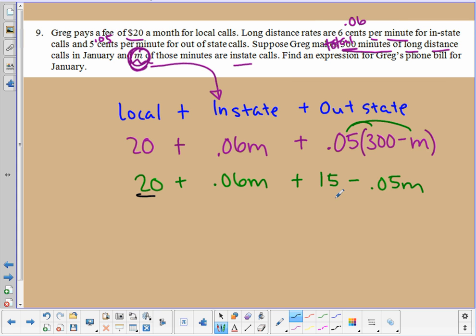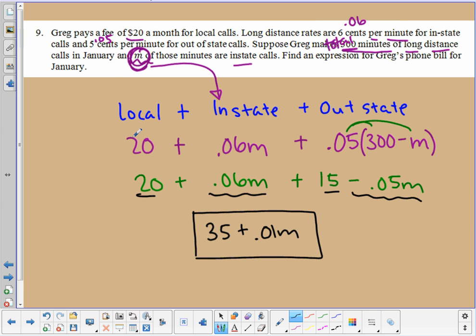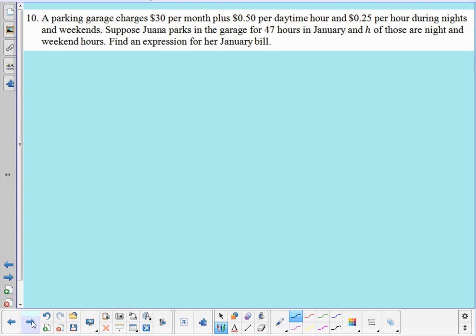I see 20 and 15, which when I add those gives me 35. And I see 0.06M minus 0.05M, which is going to be positive 0.01M. So $35 plus 1 cent per minute, or for his, I should say, for his in-state minutes. That is the expression for his bill.